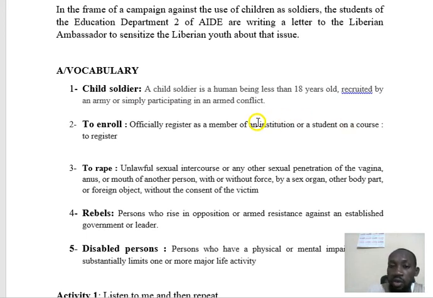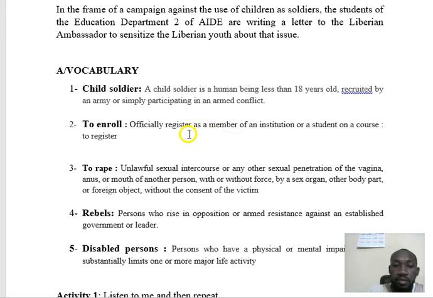But for our case, since we are studying child soldiers, these children are registered, considered as members of armed groups or rebel groups, to fight in wars for rebels.